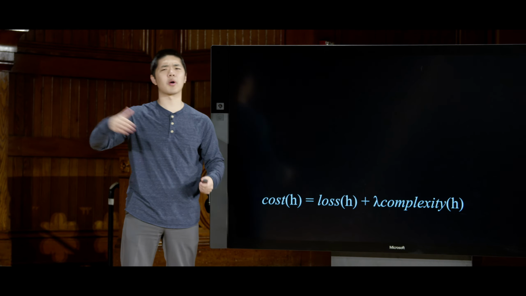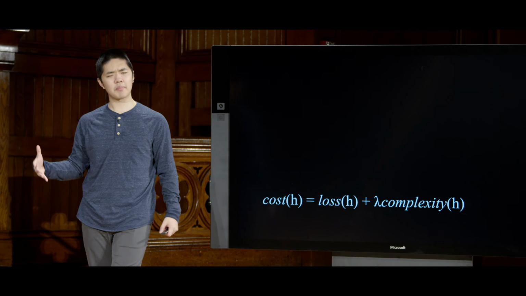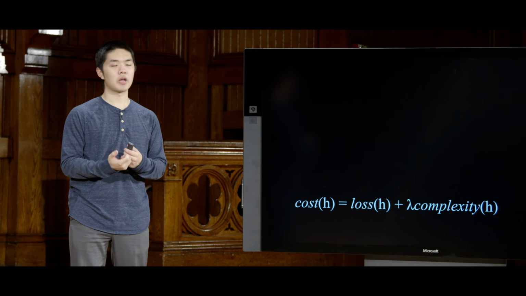For how much do I want to penalize a more complex hypothesis that might fit the data a little better? And again, there's no one right answer to a lot of these things. That depending on the data set, depending on the data you have available to you and the problem you're trying to solve, your choice of these parameters may vary. And you may need to experiment a little bit to figure out what the right choice of that is ultimately going to be.